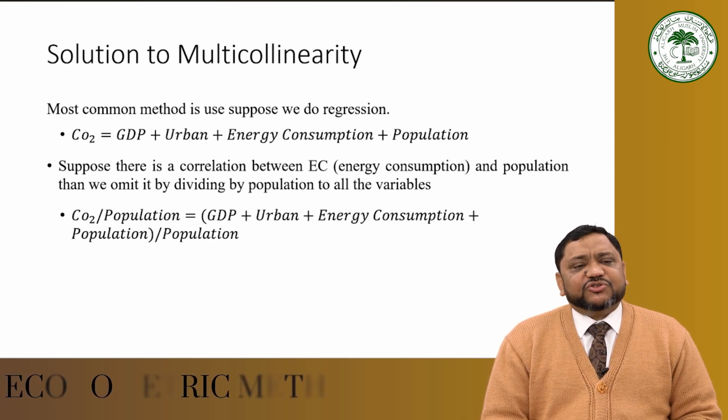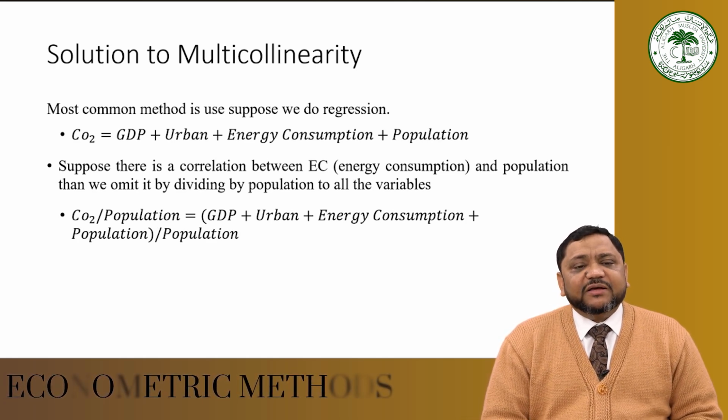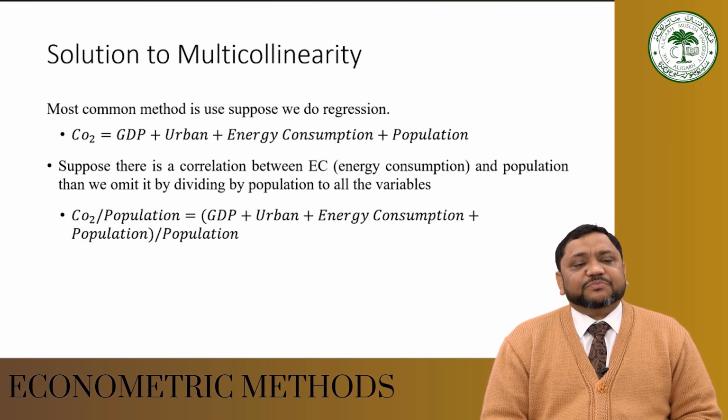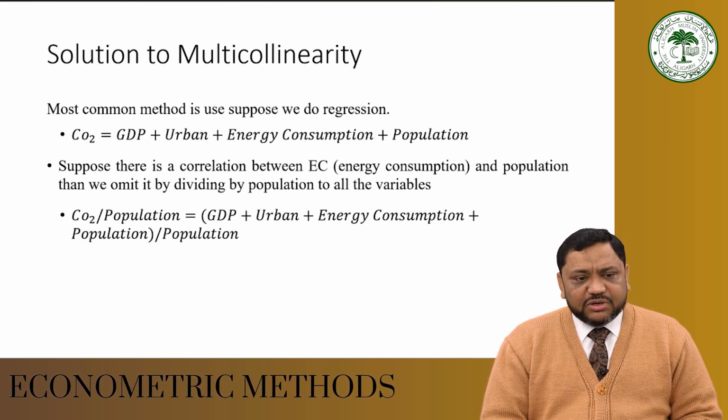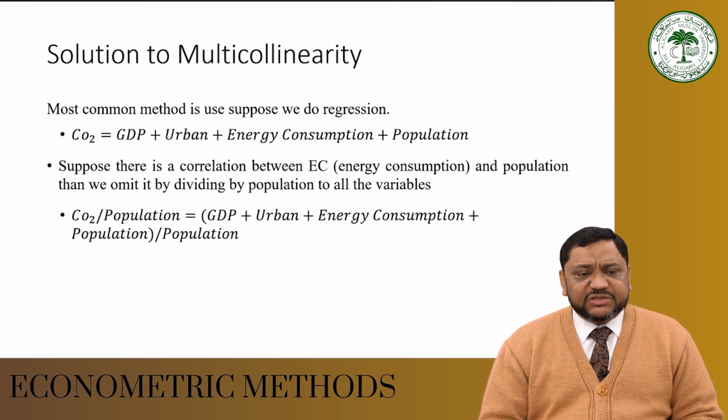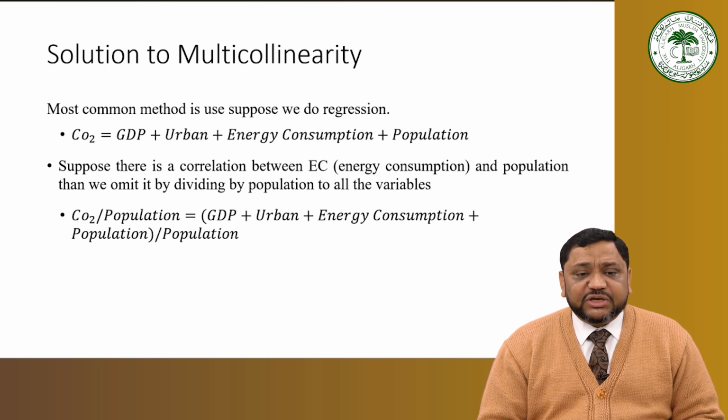Again, another interesting solution to multicollinearity is taking the ratio. See, we can take this: CO2 emission is a function of economic growth, GDP, urbanization, energy consumption, and population growth.